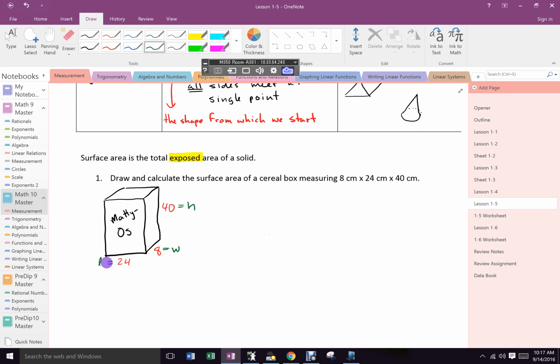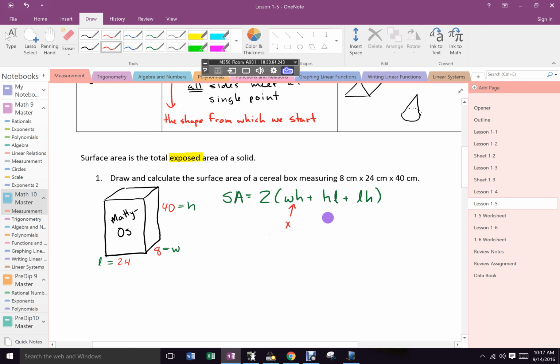Does everybody understand? So if we write out the formula, 2 WH plus HL plus LH, you cannot do it wrong unless you rush. What math is happening there?